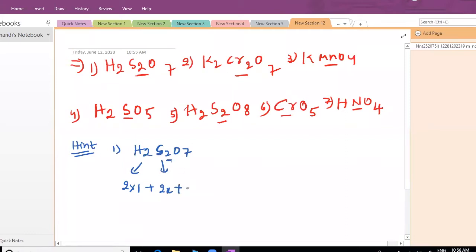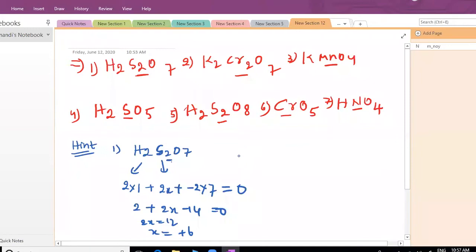Plus each oxygen is -2, and there are 7 oxygens, equal to 0, because this molecule doesn't contain any charge. 2 plus 2x minus 14 equal to 0. By solving this, we get 2x equal to 12, then x equal to +6.